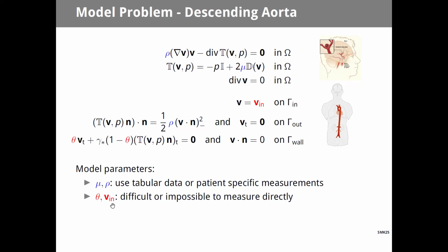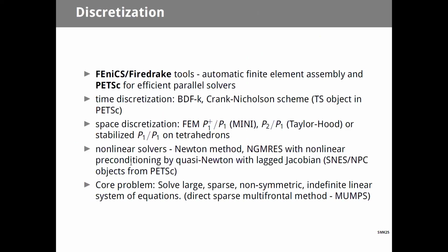The problem is that you have some boundary data in the form of the inflow velocity, which is difficult to measure, and this slip coefficient, this theta or this gamma star times 1 minus theta, is some kind of coefficient which is difficult to measure. So you have to guess it or make some educated guess. But let's for now think that we have a problem like this.